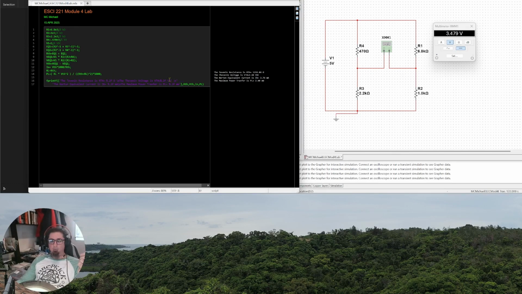So if I go to a third decimal place on my Thevenin voltage, see what we get. Yep, 3.479. I probably just wrote it wrong on my sheet, but I'll correct that right now. Perfect. That gives us our Thevenin voltage.